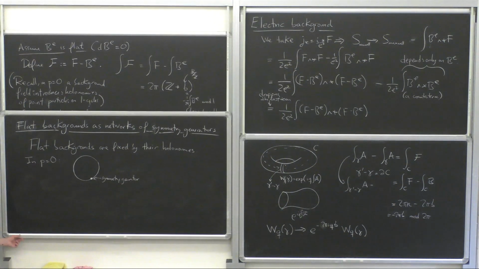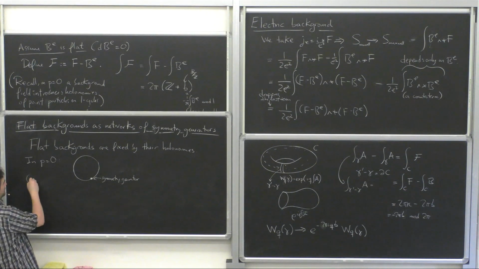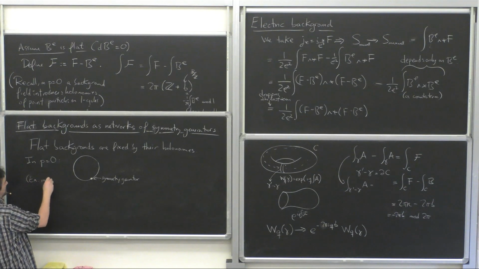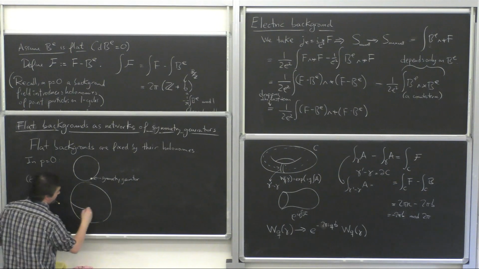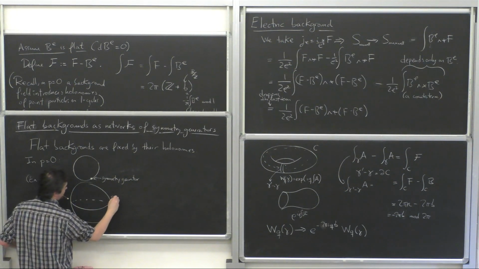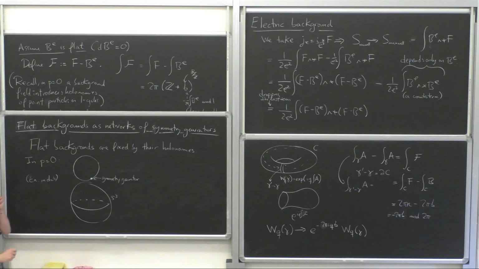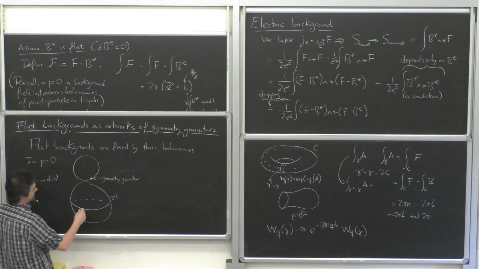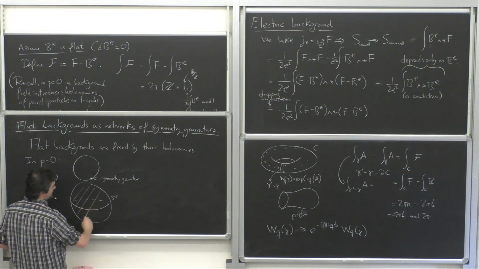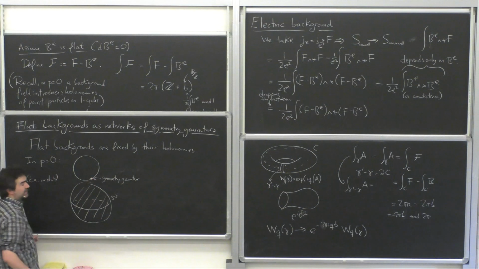So a picture, in this case, the full picture, say that we are, for example, in D equal to 4, would be that we have the circle here and a 3-sphere in here. And we wrap the symmetry generator on the full S3 and a point in the S1.